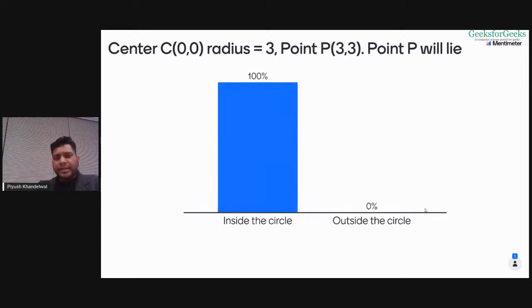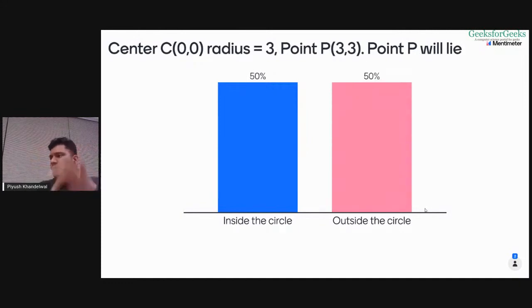Okay, people are saying inside the circle. Point is at 3, 3, circle is at 0, 0, origin, center, and radius is 3. You can go through the voting link in the description and submit your solutions. Okay, most of the people are saying it's inside the circle. Many are saying it's outside the circle.